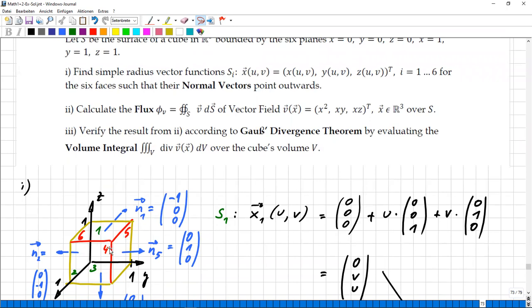As you see, there's a close connection or relation between the back face and the front face, for example. If you compare these, face number 1, the back face, is pretty much the same as face number 4, which is the front face. What do we have to do to transform this radius vector function to a valid radius vector function for the front face?